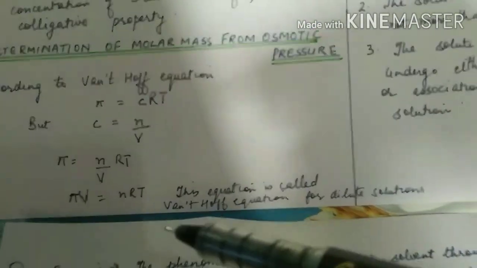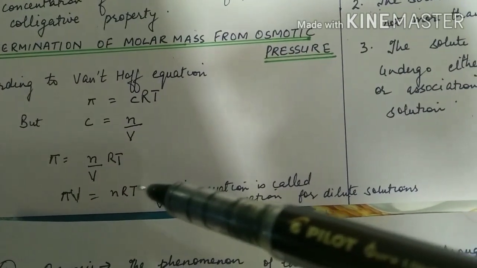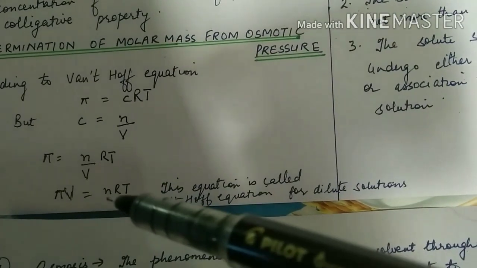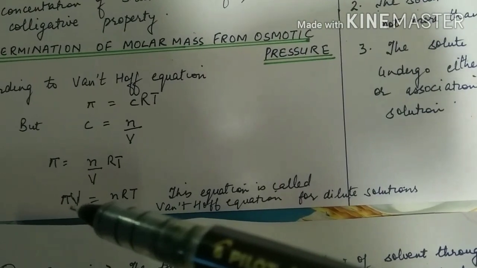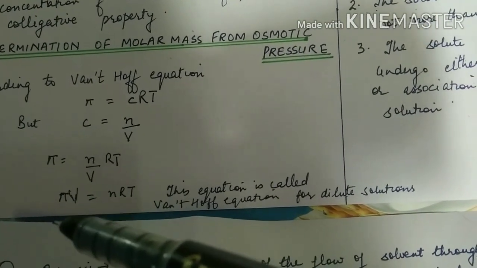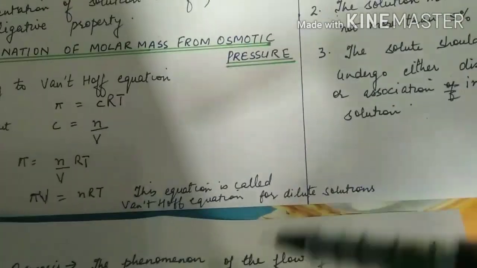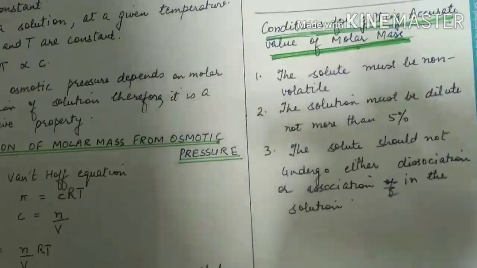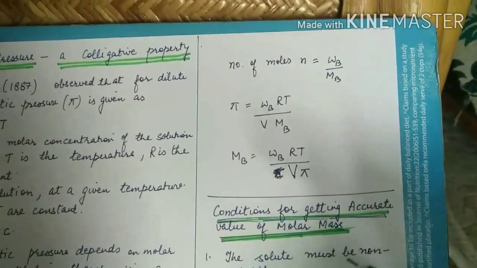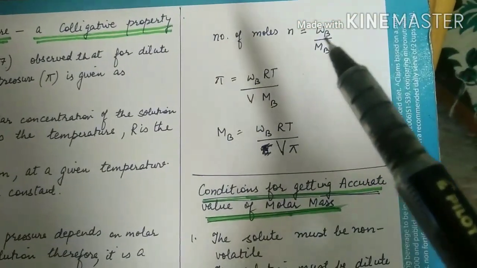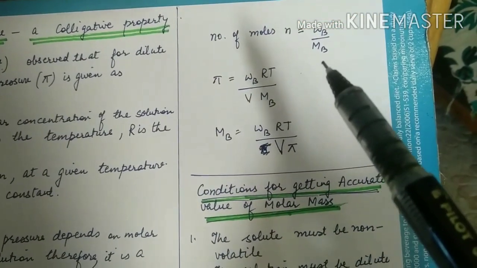Just remember that for ideal gases also we had almost a similar equation, PV is equal to nRT, where P was the ideal pressure. Here pi V is equal to nRT, where pi is the osmotic pressure. So this is the Van 't Hoff equation for dilute solutions. Now the number of moles is weight of solute over molar mass of solute.